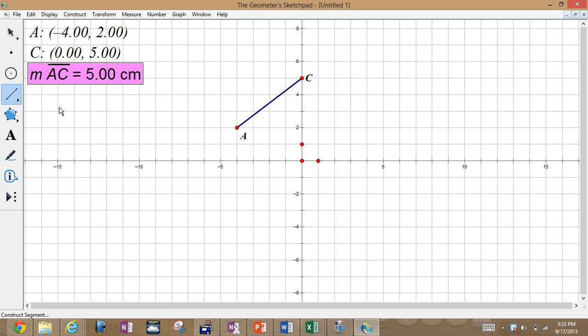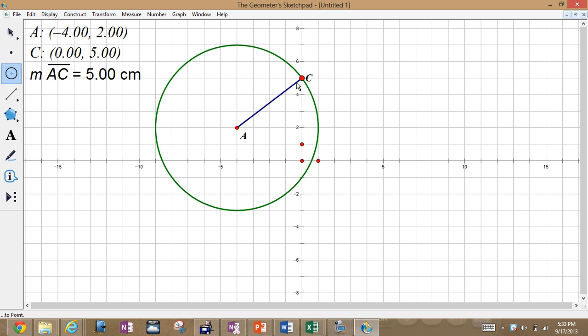Now, the radius of my circle is set at 5. My center of my circle is set at -4, 2, and I'm going to draw my circle now, with the center at A and one point on the circle at C.